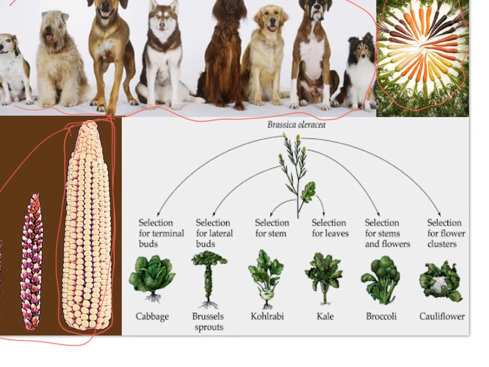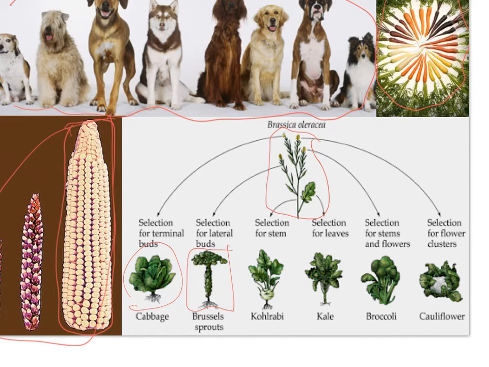And then over here we're looking at the ancestor of brassicas, and what has happened is that over time breeders have selected for various different parts of the plant. So for example, you've got selection for terminal buds, so you end up with your cabbage. You've got selection for the lateral buds, so you end up with the Brussels sprout.